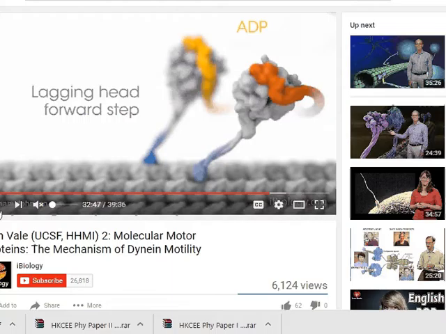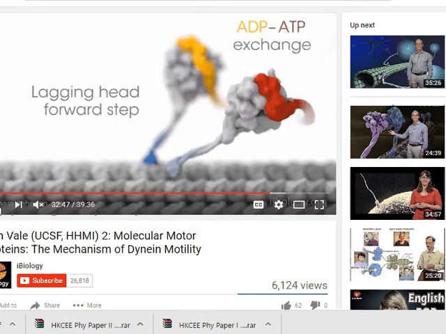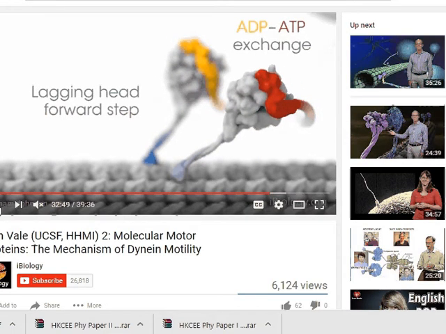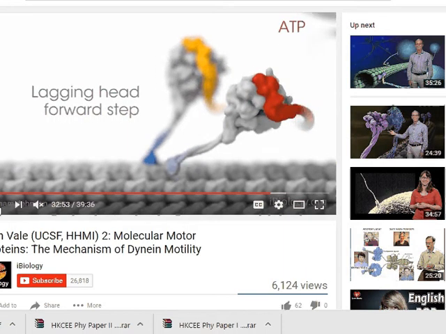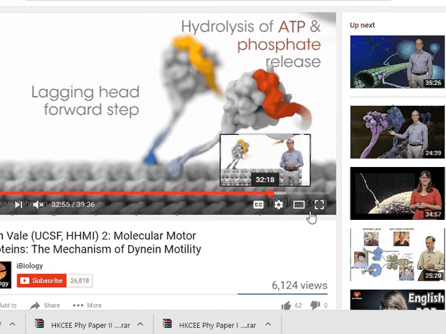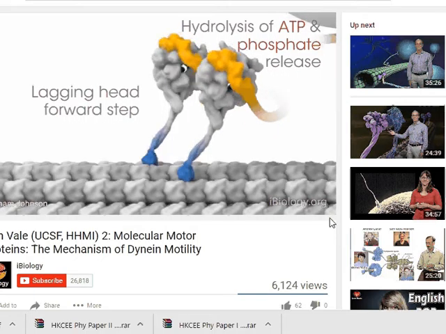So from this straight conformation, it goes back to this. So when it returns to this conformation, it pulls the cargo towards the cell.